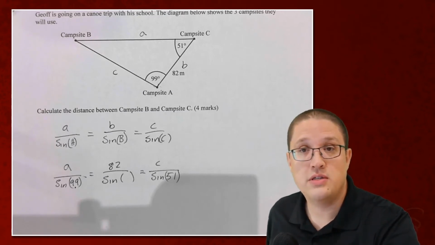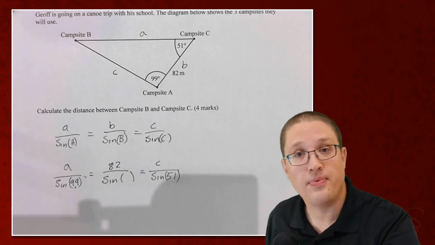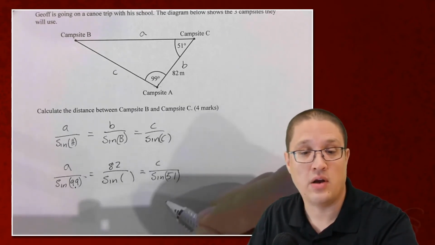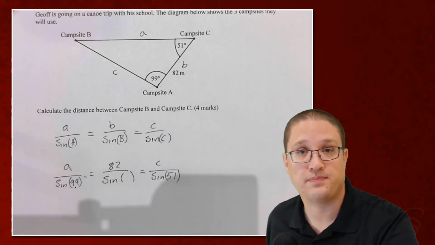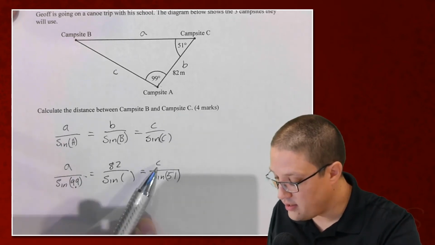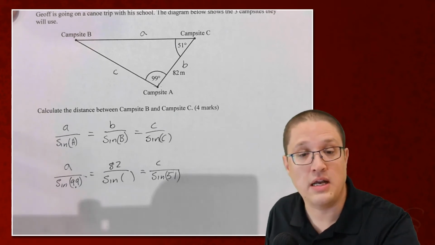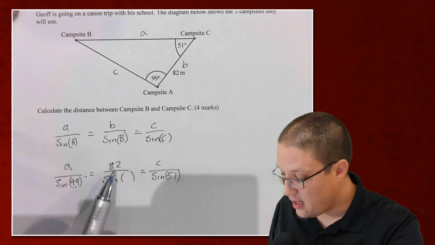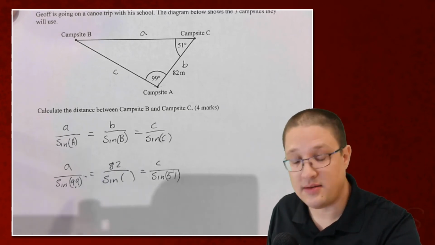Now, to use sine law, I need to have a pair at least. So I need to have both the angle and the side to fill in at least one of these pairs. In this case, I don't have side a or c, so I can't use either one of these. I do have side b.